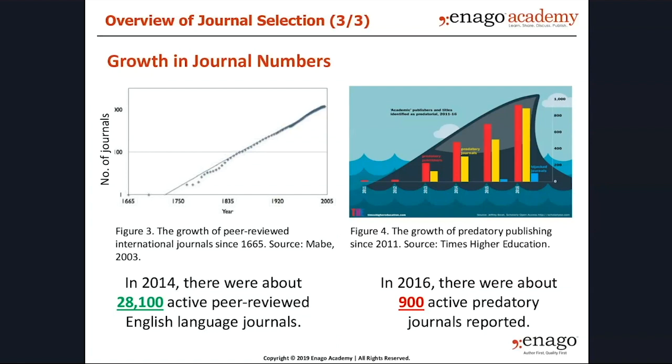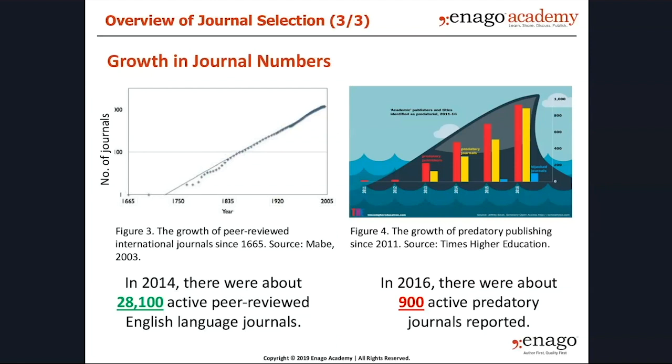There was a report by the International Association of Scientific, Technical and Medical Publishers that estimates the number of active journals at around 33,000 English language journals, almost 9,500 non-English language journals, which is nearly 43,000 active journals at the moment.